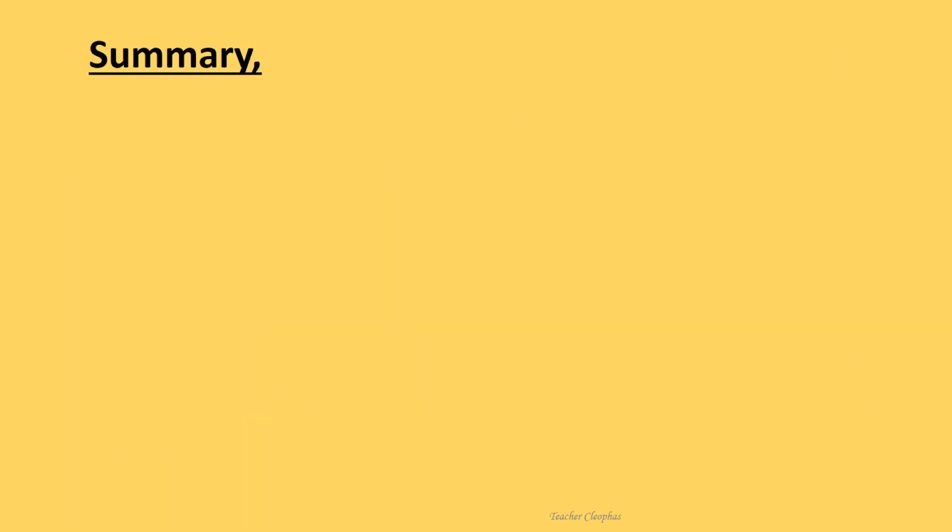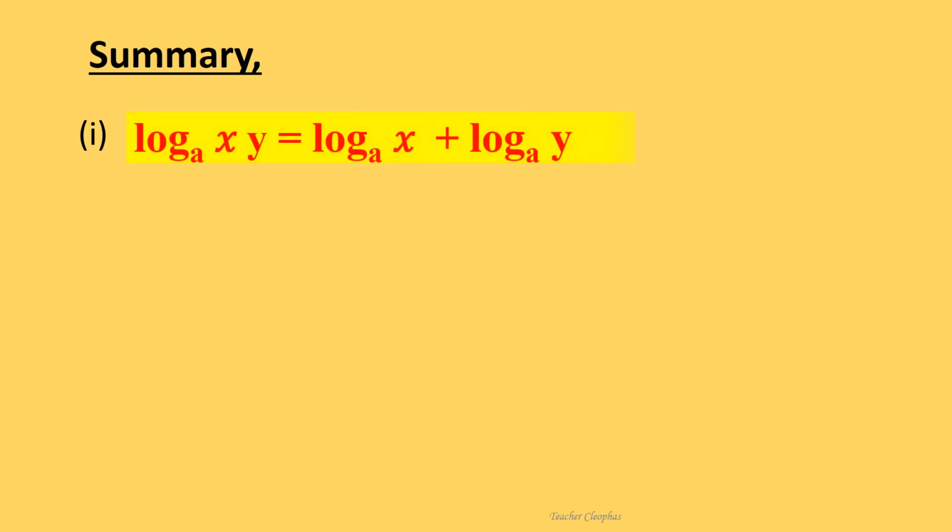Let's now summarize the laws of logarithms that we have gone through. The first law states that logarithm of any product is the sum of the individual logarithms. That is, logarithm of xy to base a equals logarithm of x to base a plus logarithm of y to base a.